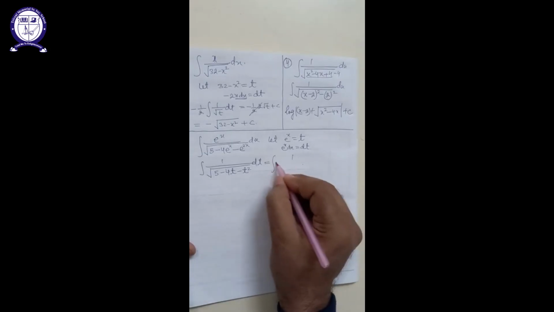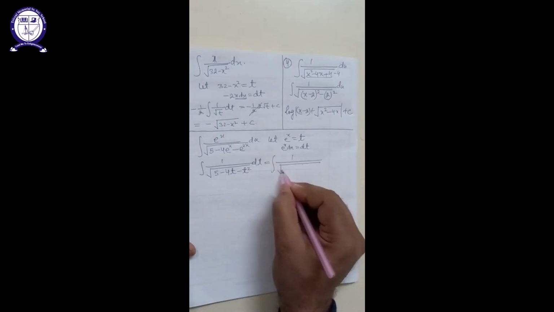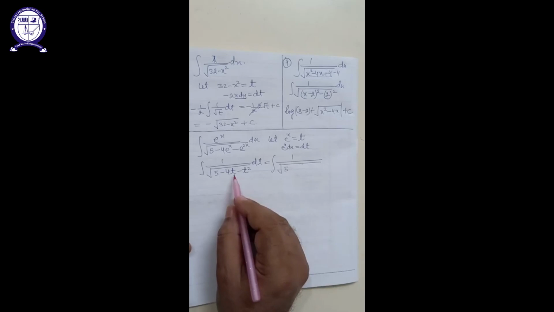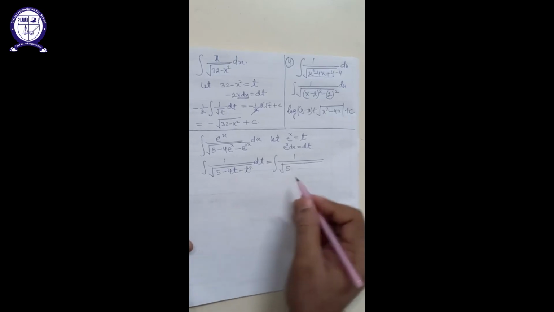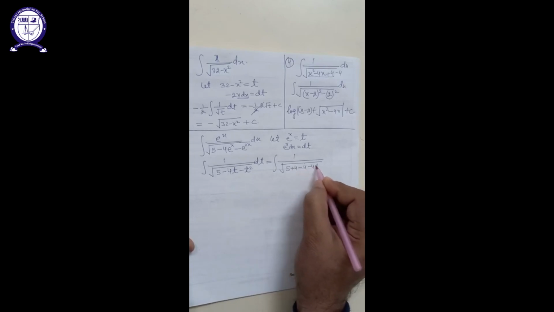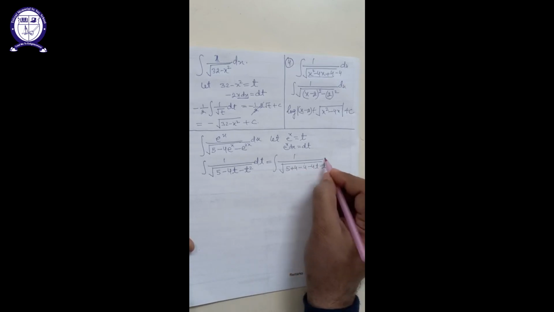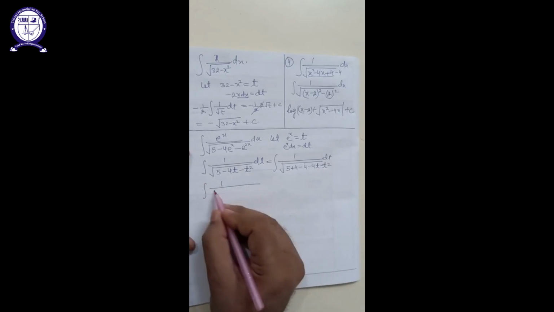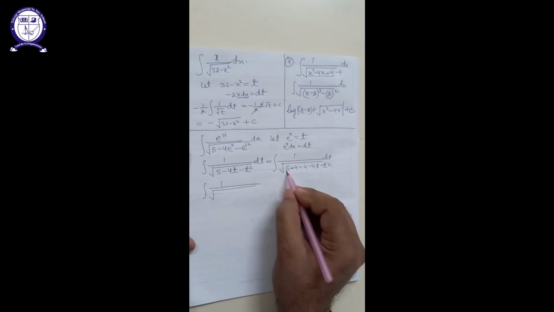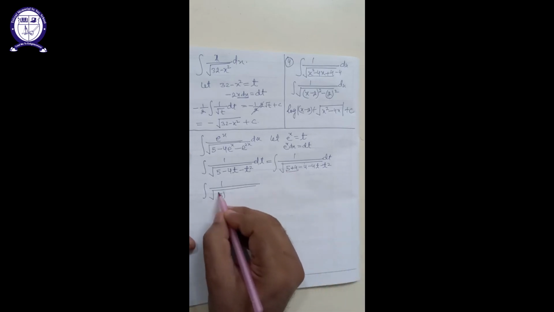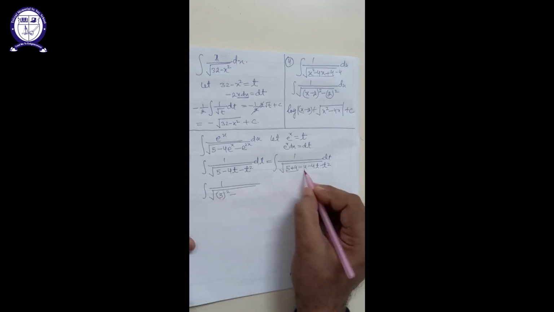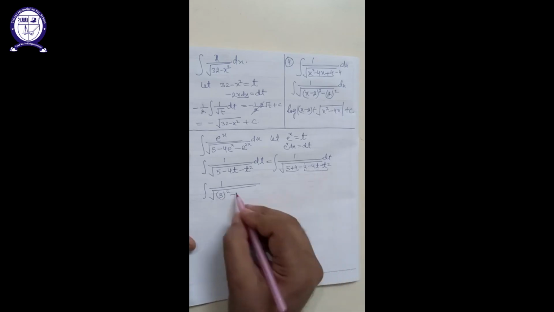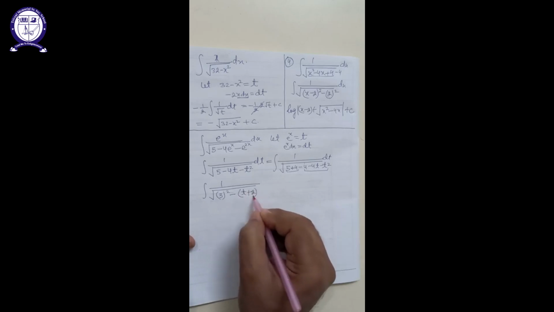1 upon root 5. Make it a perfect square by adding and subtracting 4, minus 4t minus t square dt. 1 upon, you know that 5 plus 4 is 9, 9 is the square of 3, and taking the negative common from the last three terms, it becomes a perfect square, that is t plus 2 whole square.